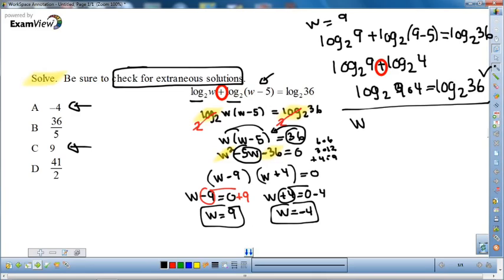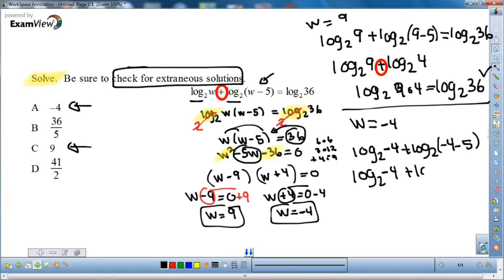Now I'm going to check w equals negative 4. So I'm going to have log base 2 of negative 4 plus log base 2 of negative 4 minus 5. I already know that this is not going to be an answer, only because there are no such numbers as log base 2 of negatives.